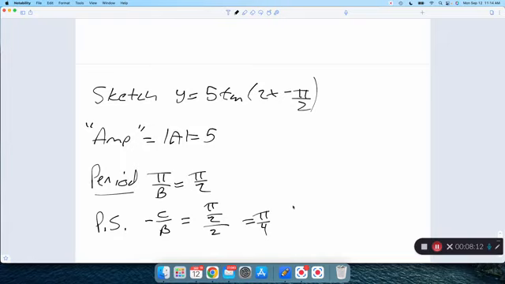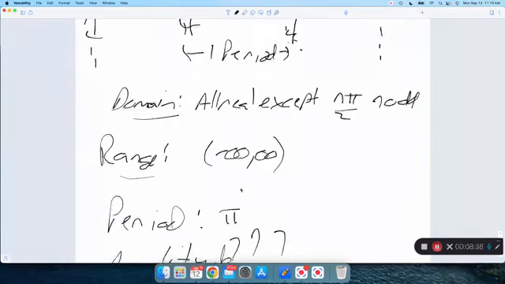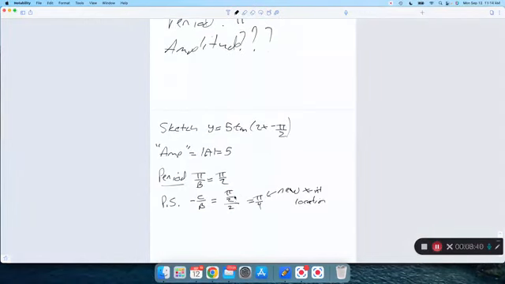This is going to be my new location for the x-intercept. That's where this spot right here is going to migrate to. This spot right here is going to be shifted. That's all a phase shift is, a horizontal shift. That spot is going to shift left or right by this much.